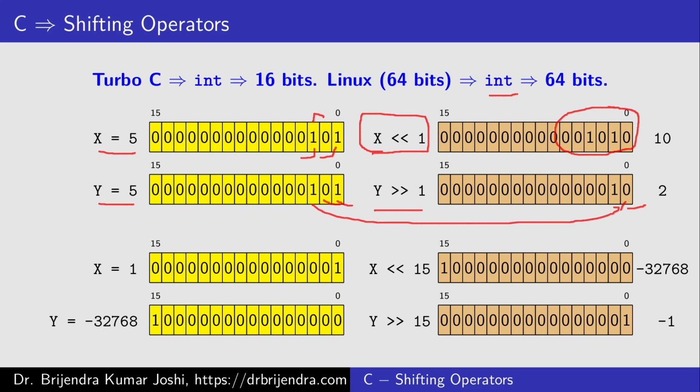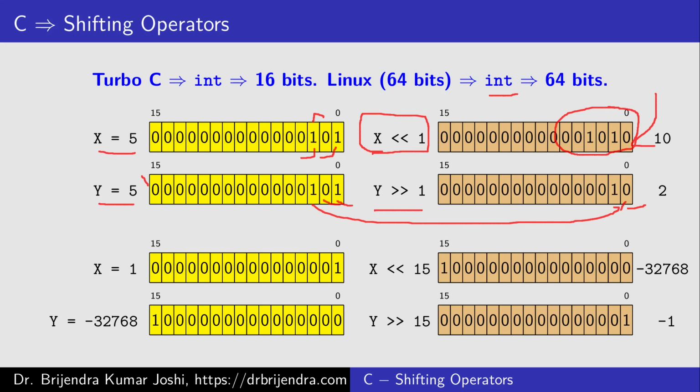This represents 2. And we assume here that there is infinite supply of zeros from the left hand side, and if you shift towards left hand side, we assume that there is infinite supply of 0 from right hand side.